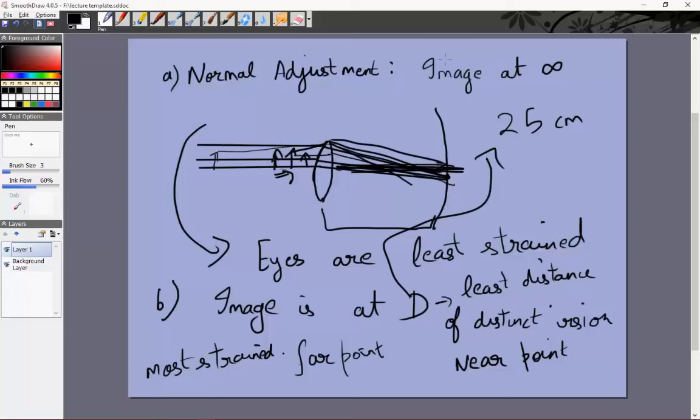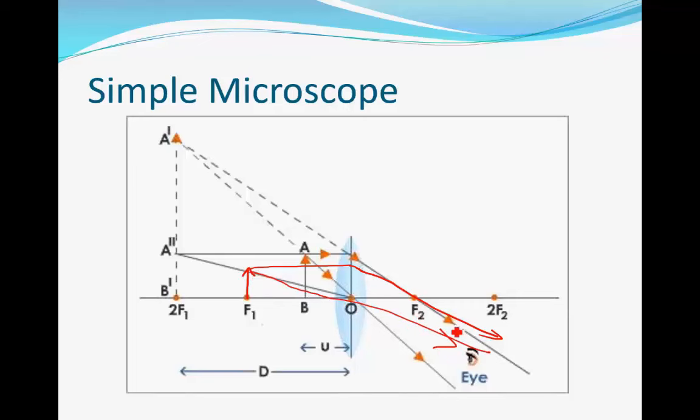Right. So let's look at both these cases for a simple microscope. This is a generic case, but if we look at the case for normal adjustment, this object will be put here at the focus, and it will have rays which just pass through this focus, and the other one will go like this, undeviated, and they'll both be parallel.